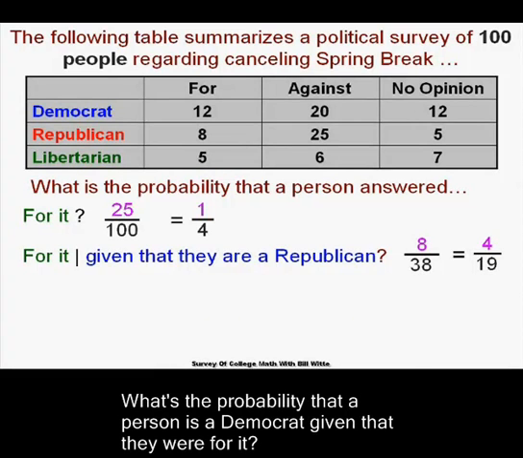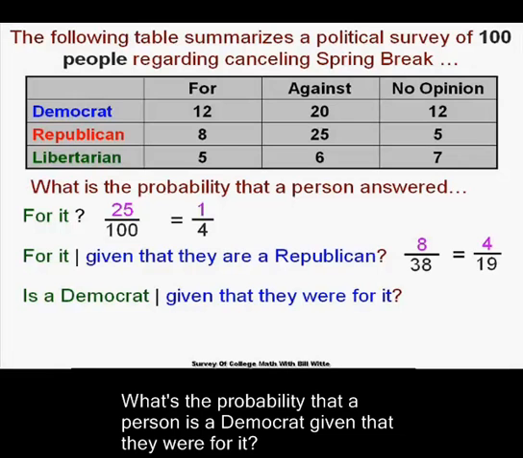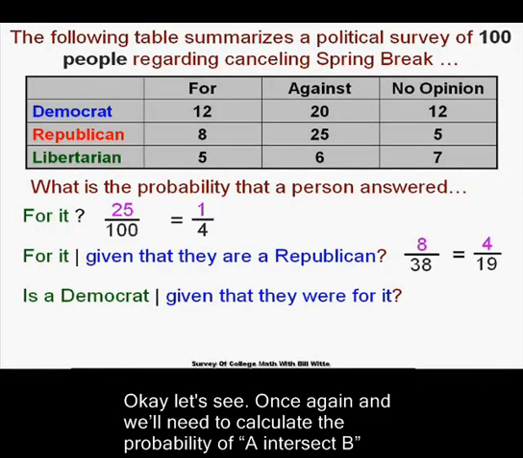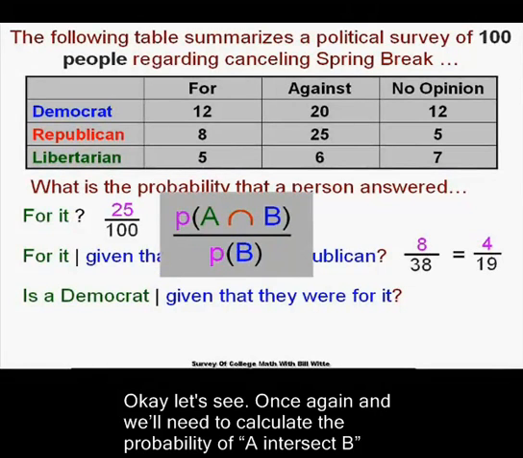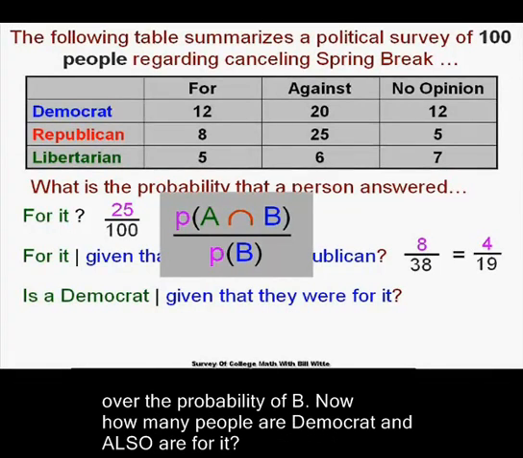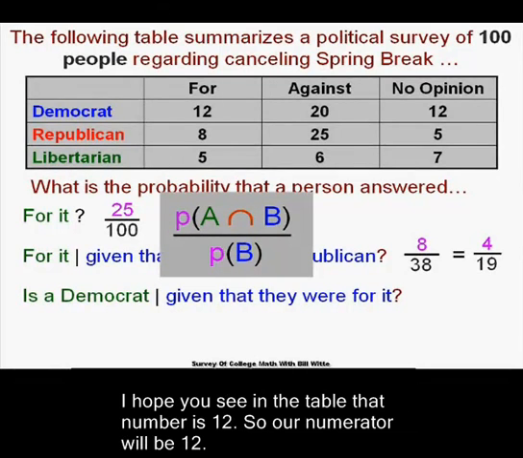What's the probability that a person is a Democrat given that they were for it? Okay, well, let's see. Once again, we're going to have to do A intersected with B over the probability of B. So the probability that they are a Democrat and that they're for it. How many people are a Democrat and are for it? I hope you see at the table is 12. Okay, so our numerator will be 12.